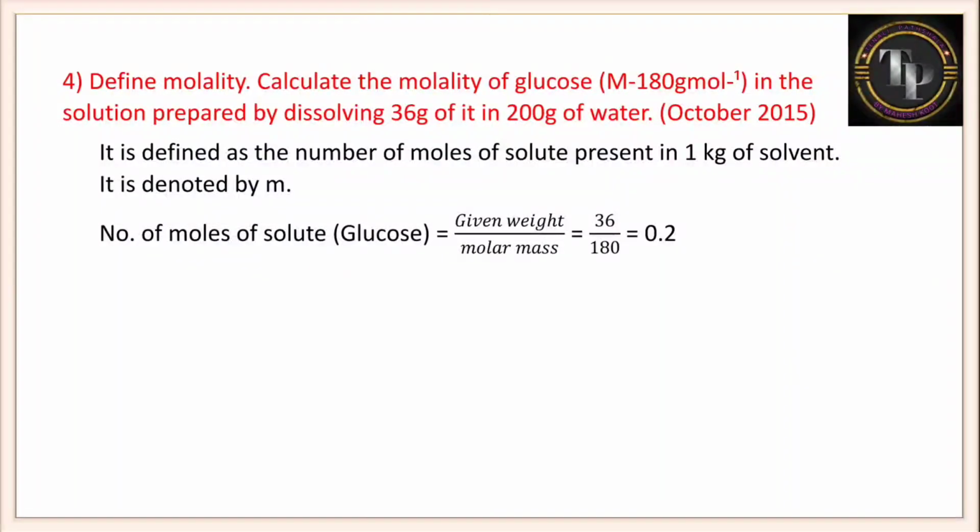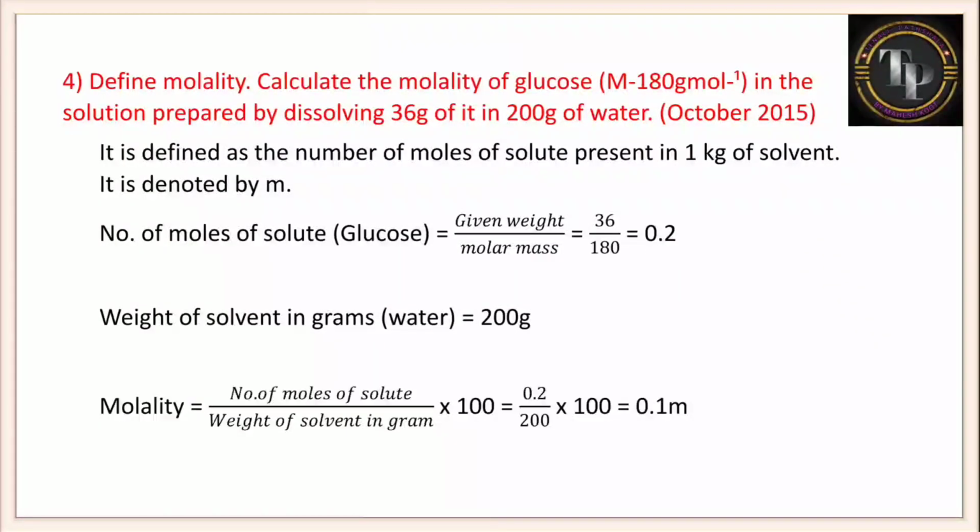But what we want is molality. Molality is equal to the number of moles of solute divided by weight of solvent in gram into 1000. The number of moles of solute is 0.2, divided by the weight of the solvent, 200 gram, which is also given, into 1000.